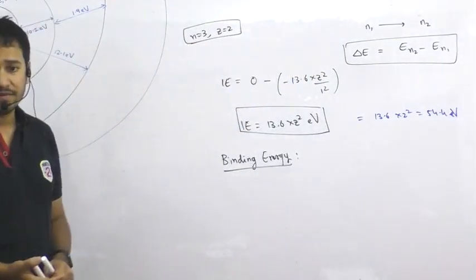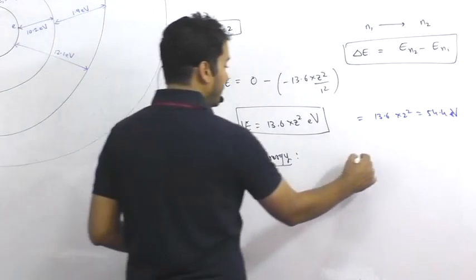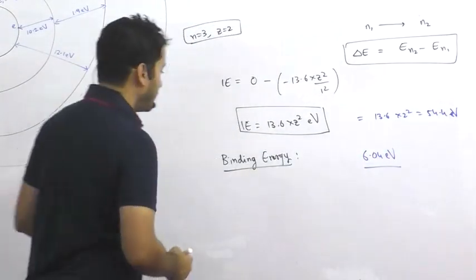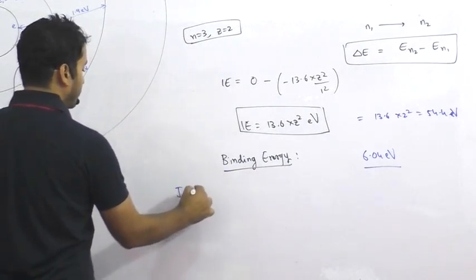And binding energy, how much did you get? 6.04 electron volts. Good. Write down another definition, that is ionization potential.